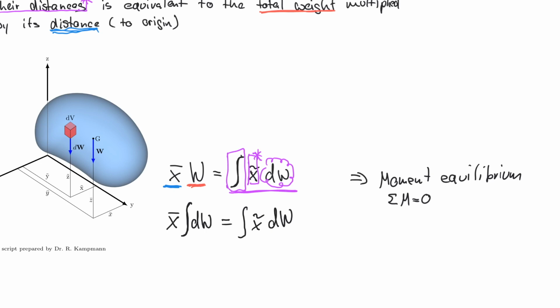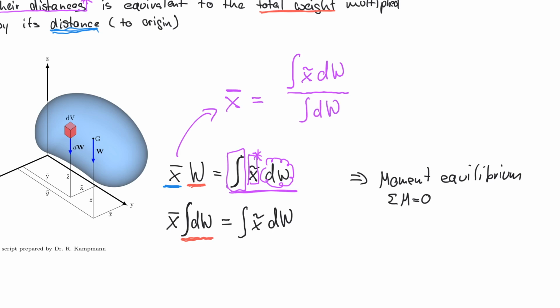And all I've done now is I wrote my total weight as the sum of all the individual particles. And now, last but not least, what do I have to do to get my x bar? To get x bar, all I have to do is rearrange the system, and I would end up with a formula that looks like this: the integration of x tilde dw divided by the integration of dw.